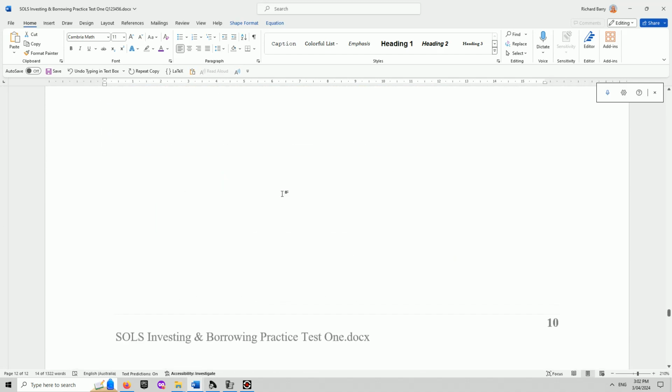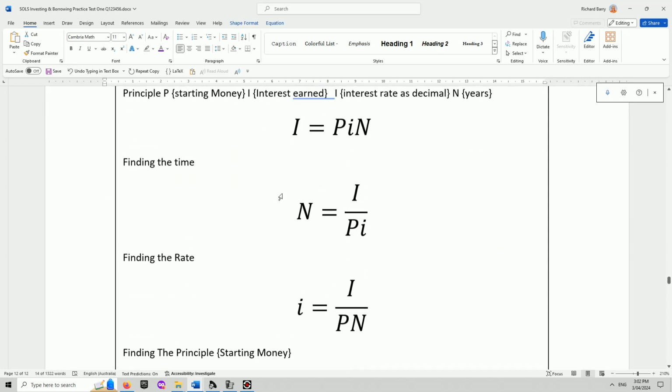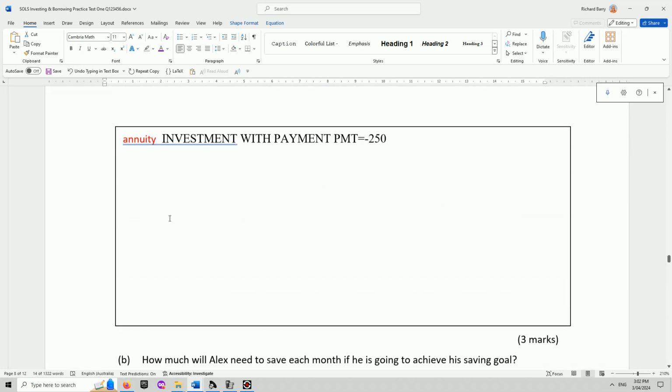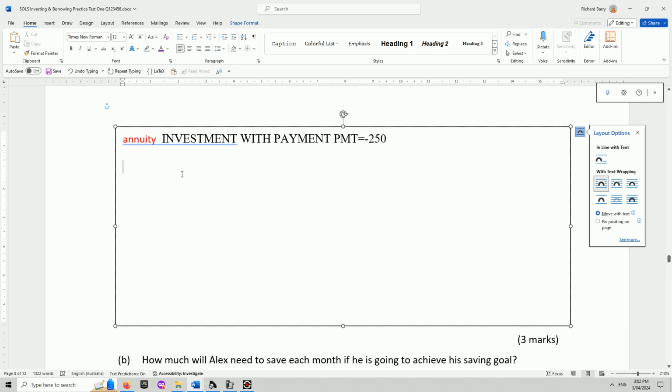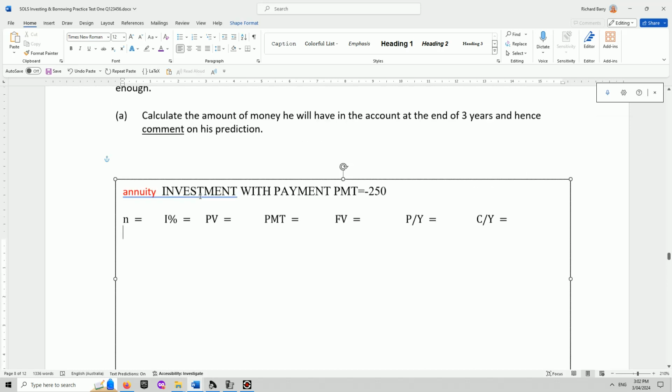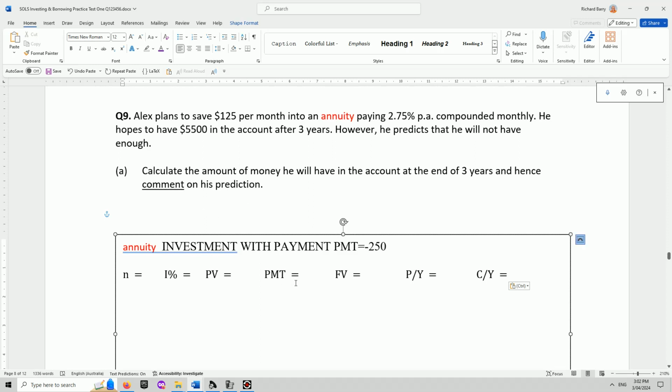Off to my question. Anytime you use a graphics calculator to answer a question, you need to show it. So, Alex, minus 125, 2.75.